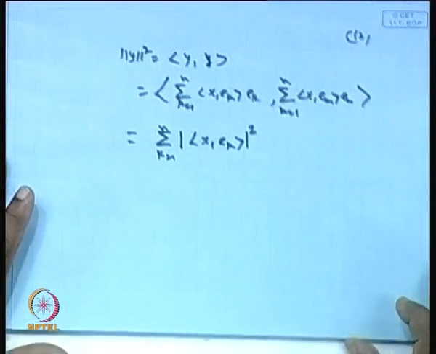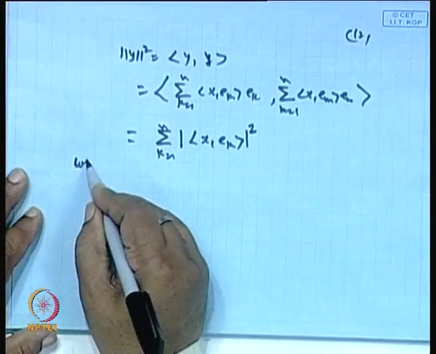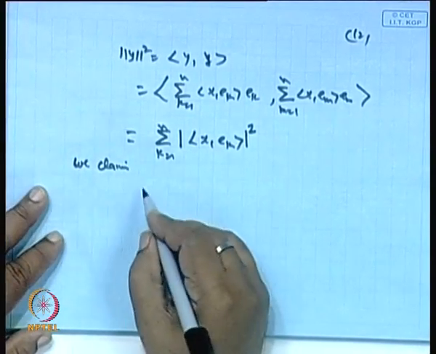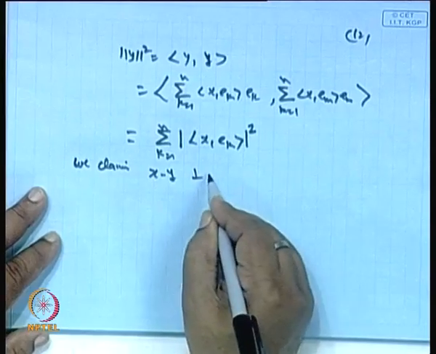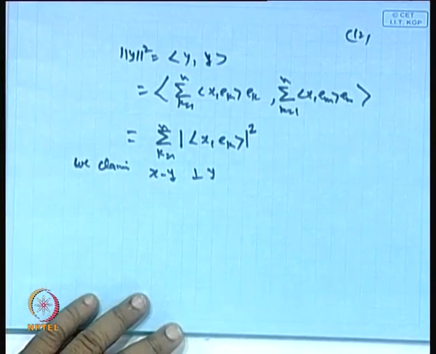Okay. Now, we claim that x minus y will be orthogonal to y. Why?